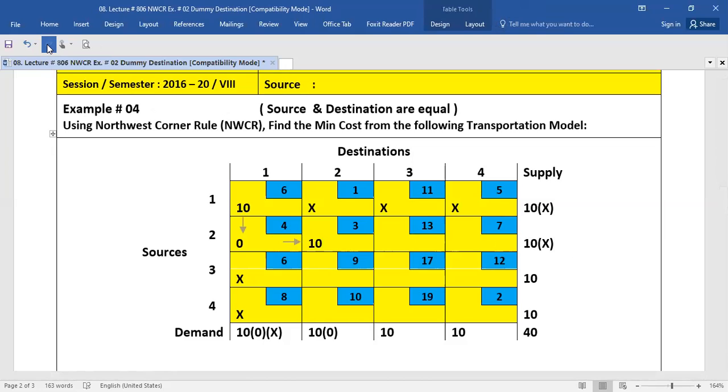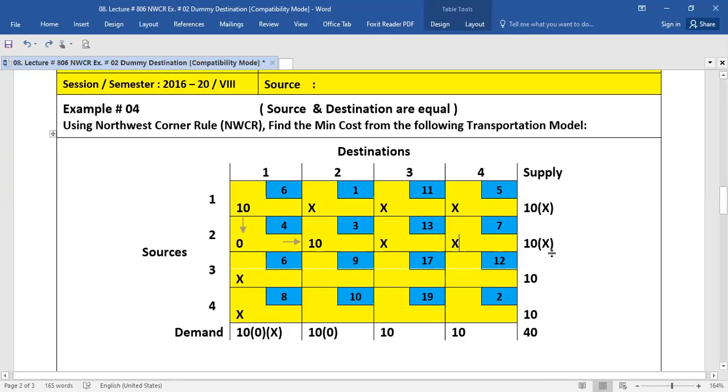As these two values are again equal, on row side you will put cross sign, and on column side you will put 0. And also you will put cross signs in the blank cells which is completely satisfied. It has cross in this supply.